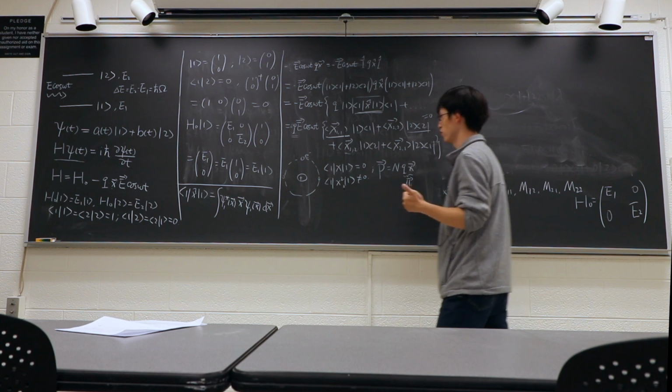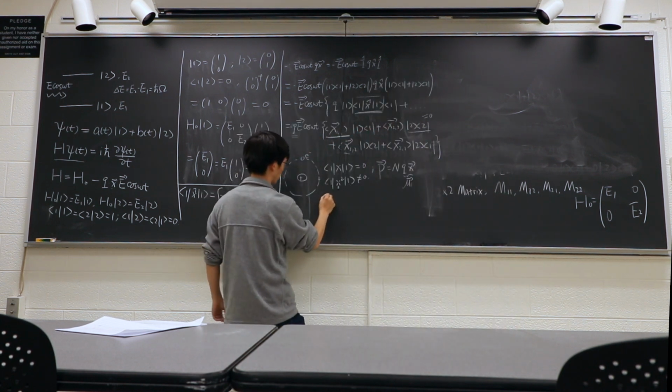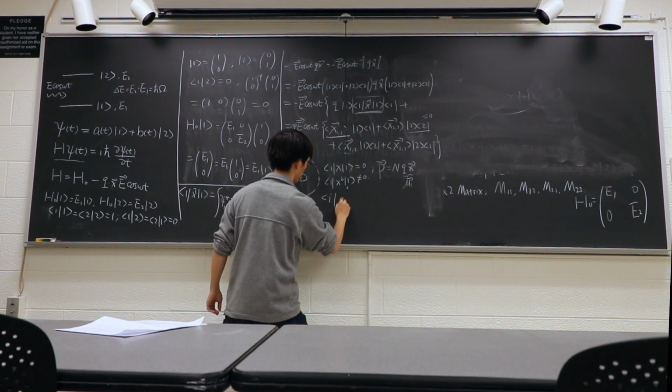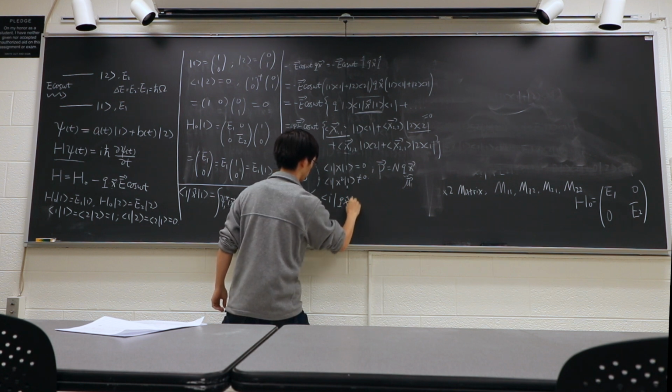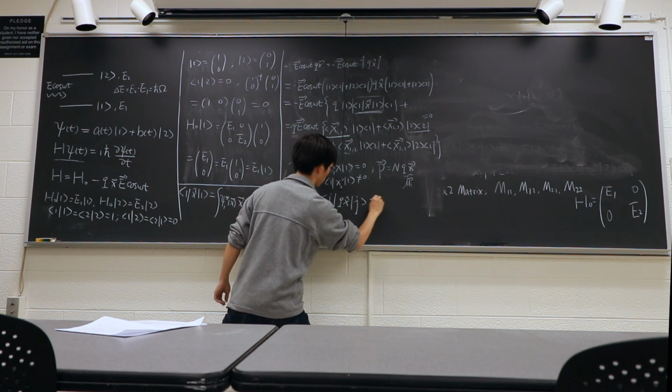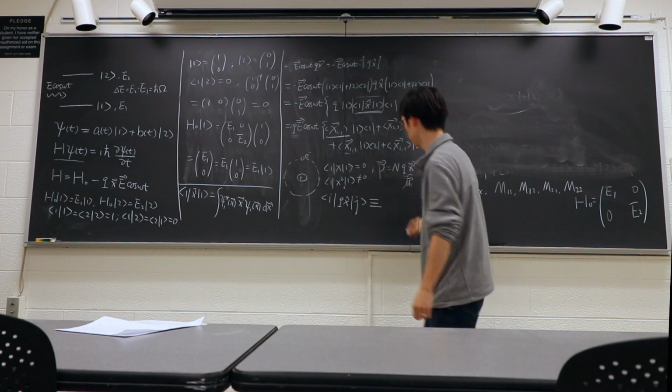So this is now the definition. Dipole mu i,j equals Q X i,j. Okay, it's a vector. This is a number with direction. Okay, it's not an operator.